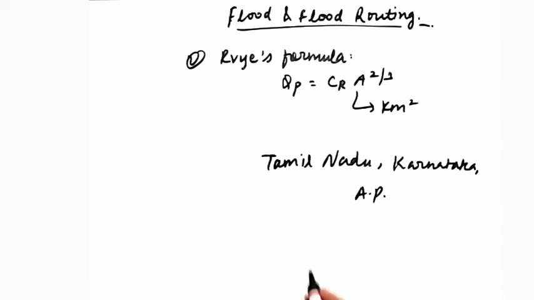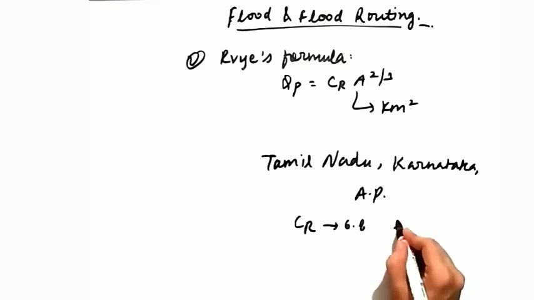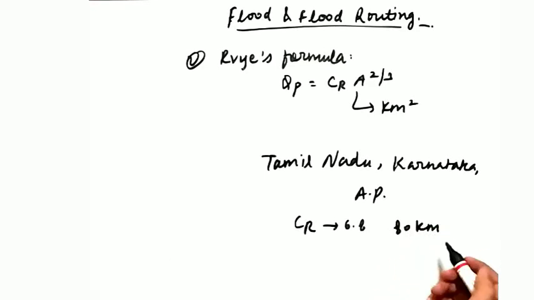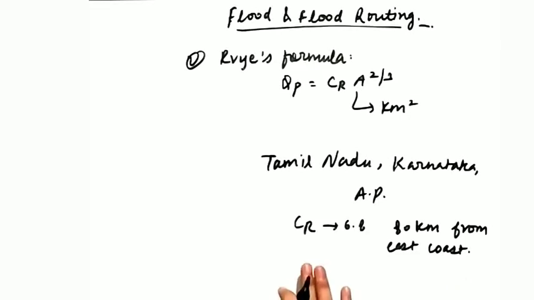Now this value CR can be 6.8 for areas within 80 km from the east coast. If an area is under 80 km from the east coast, then the CR value is 6.8. You do not need to remember the values of CR. It will be given in the question.